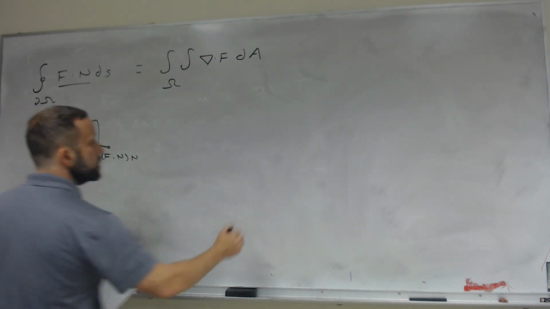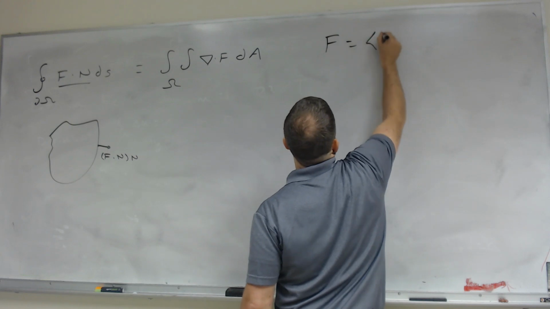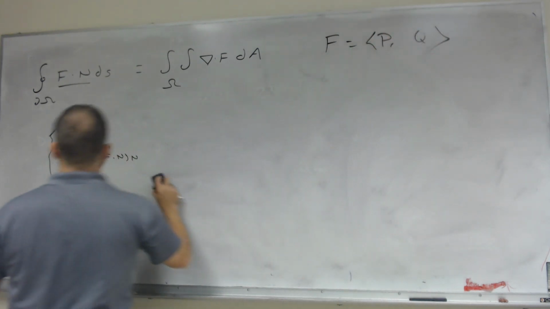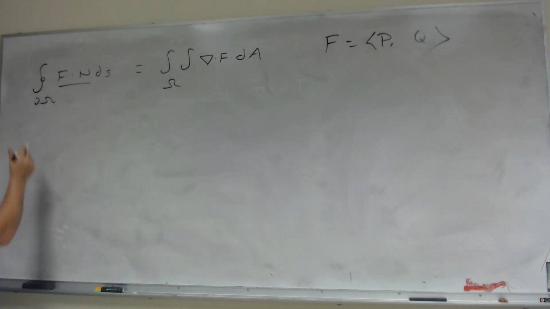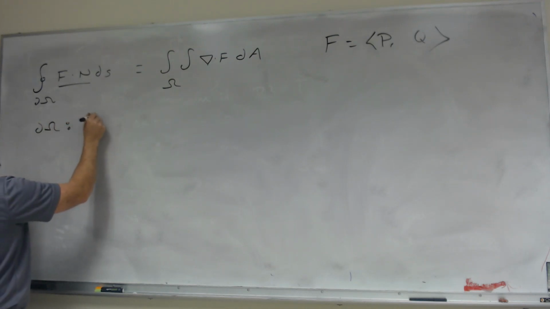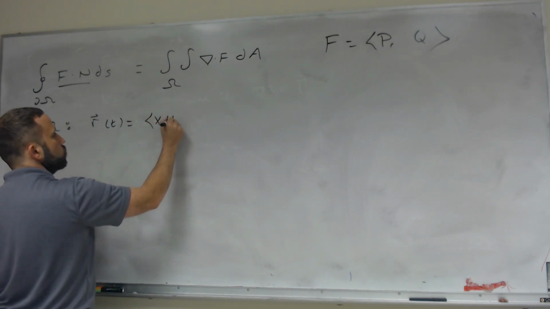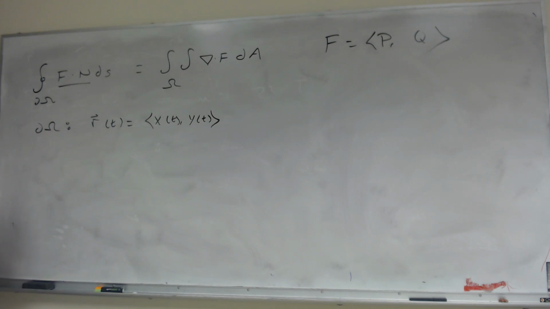Well, I'm going to erase this in a minute. So I'm going to say the components of f are p and q. And let's say the boundary of omega has parameterization r of t equals x of t, y of t.